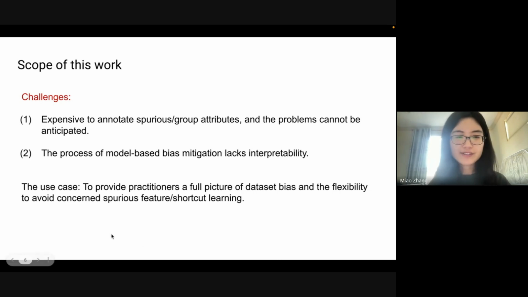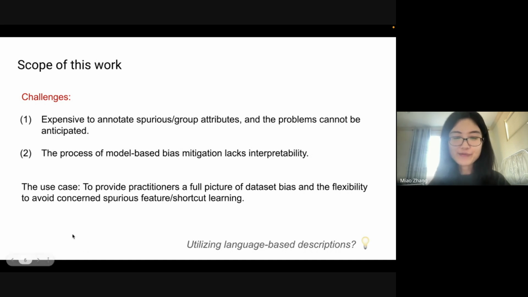So facing these two challenges, we hope to provide dataset practitioners a full picture of dataset bias and the flexibility to avoid concerned spurious features or shortcut learning in the downstream task, depending on the domain.